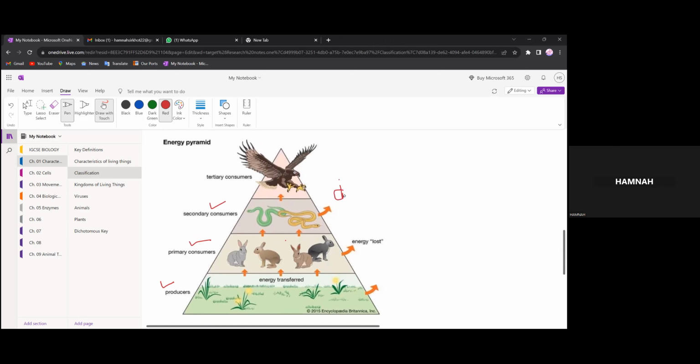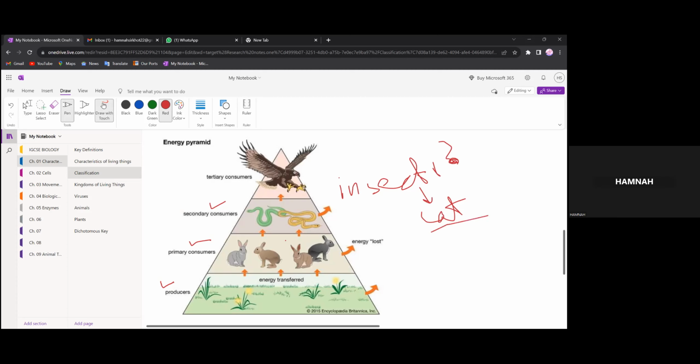Wait, let me say an insect that is feeding on a dead cat. If I write down an insect eating a dead cat, then what is the insect? Primary consumer. Okay.